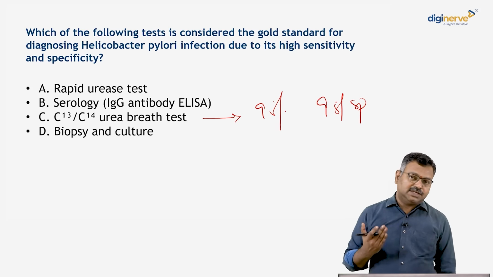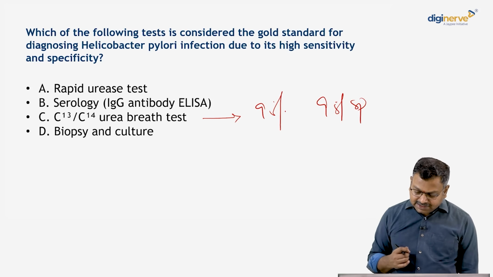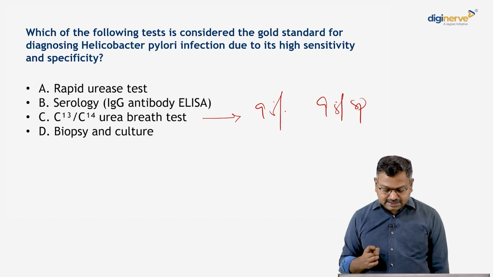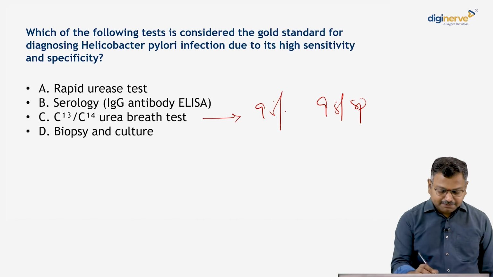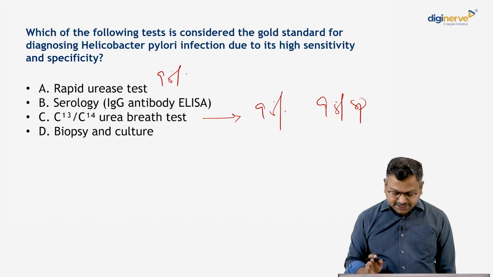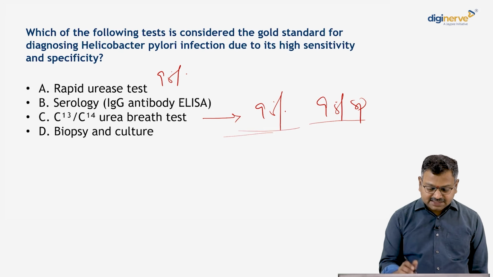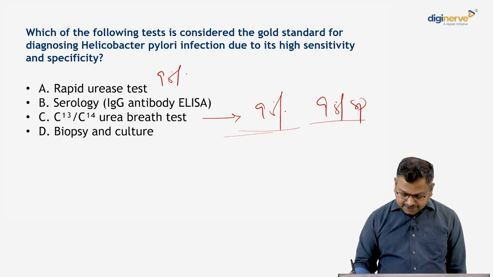Remember, H. pylori is associated with ulcers, malignancies, etc. The rapid urease test has a sensitivity of around 90%. The gold standard, if you see, with the specificity as well as the sensitivity, is the carbon breath test.